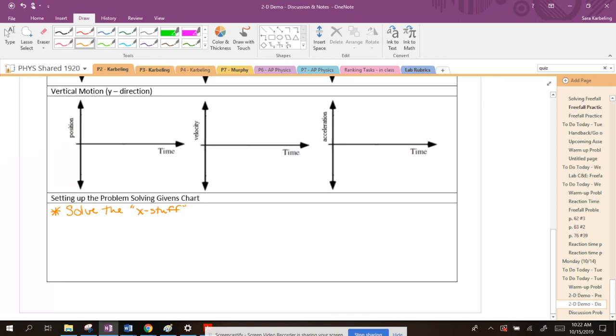I'm not going to say horizontal motion, but I like x stuff because it means something to me. Solve the x stuff and the y stuff completely separately. What's the only thing that keeps them together?